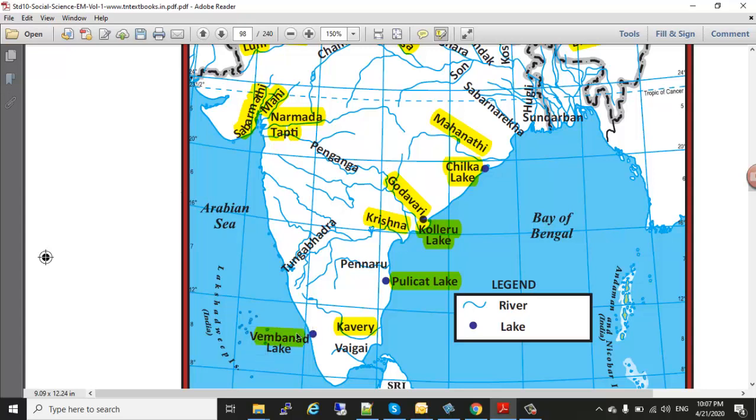Okay, so in Kerala near Thiruvananthapuram you can mark Vembanad Lake. It's the largest lagoon. Yes. So all these are the important lakes and rivers. Now we'll go to the next question. Next question, 106.